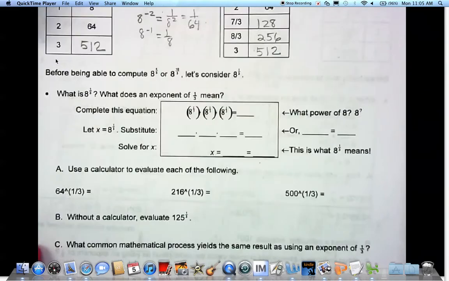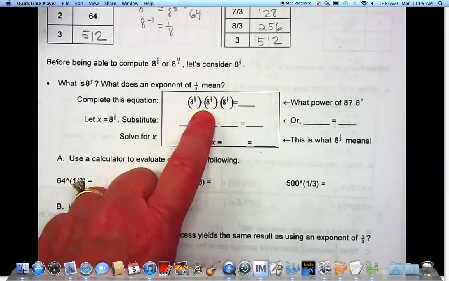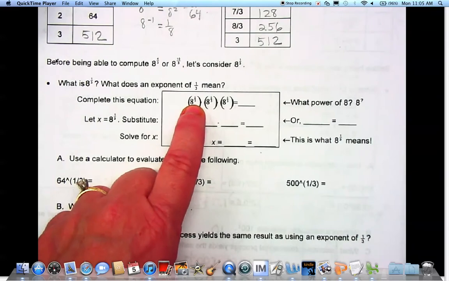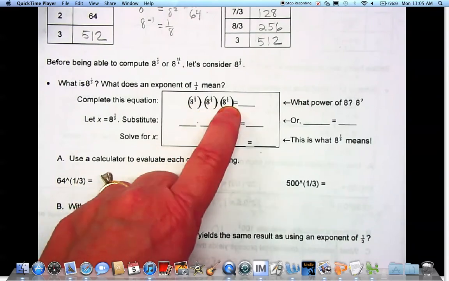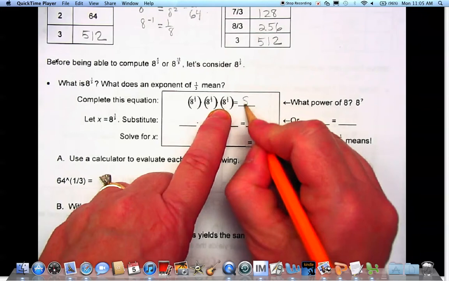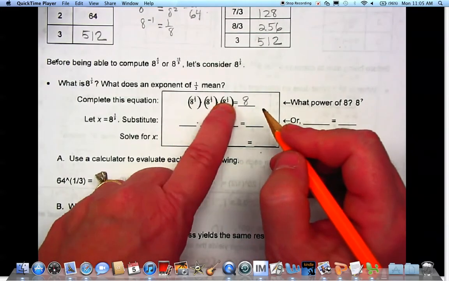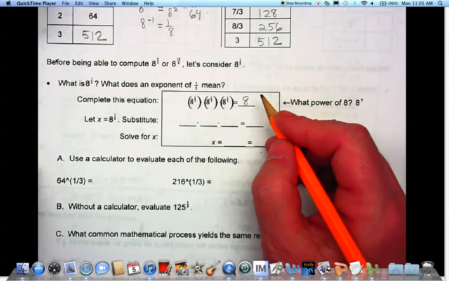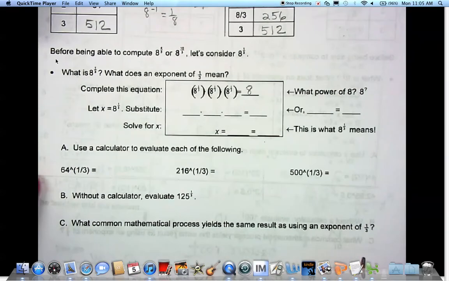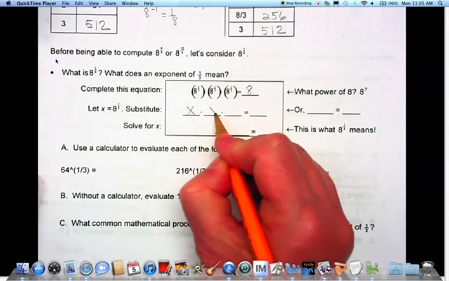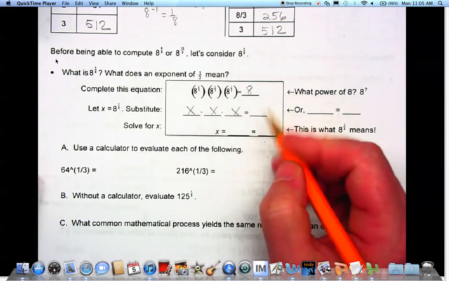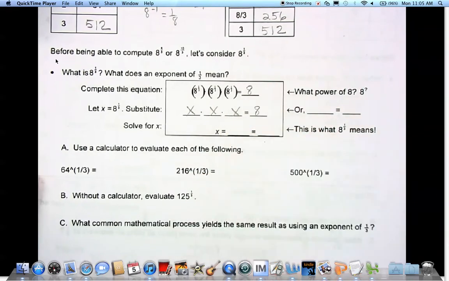All right, let's see. We'll prove it right here. What is 8 to the 1/3 times 8 to the 1/3 times 8 to the 1/3? 8 to the 1, right? Because 1/3 plus 1/3 is 2/3 plus another third is 3/3, which is 1. Then we'll substitute x in for 8 to the 1/3. That equals 8.